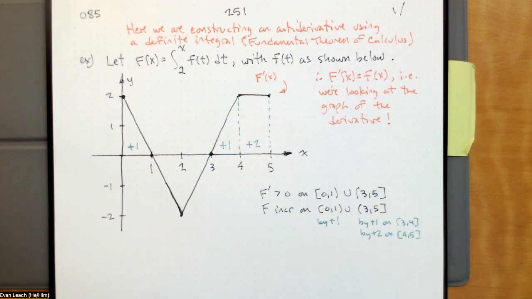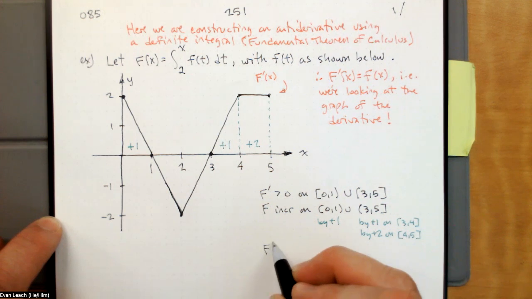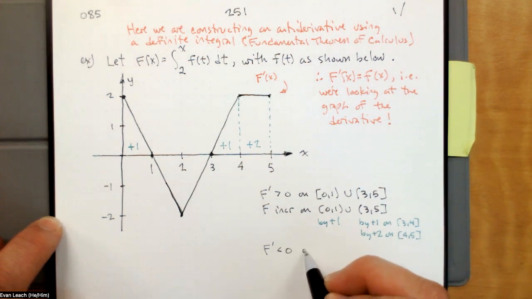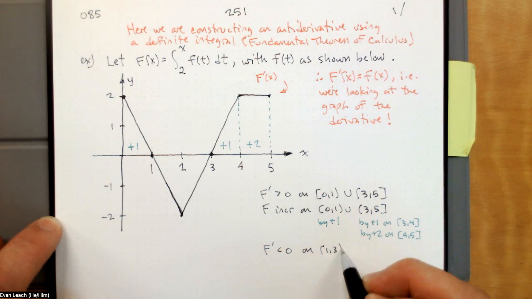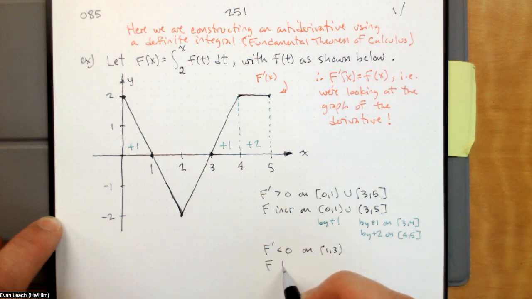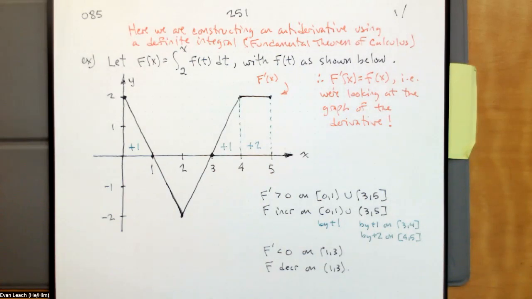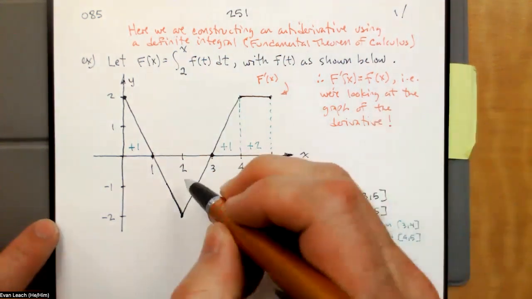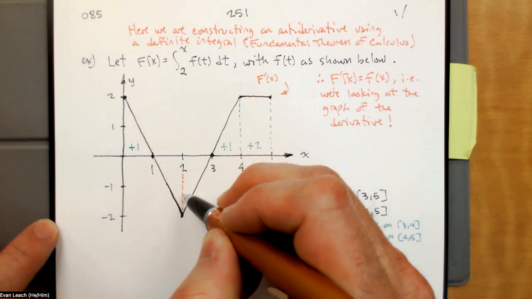We also notice that f prime is negative on the interval from 1 to 3, so that f is decreasing on the interval from 1 to 3. But we know more now. We know that the area tells us by how much the function will decrease on those intervals. So from 1 to 2, I'm going to break it up just like we did yesterday.